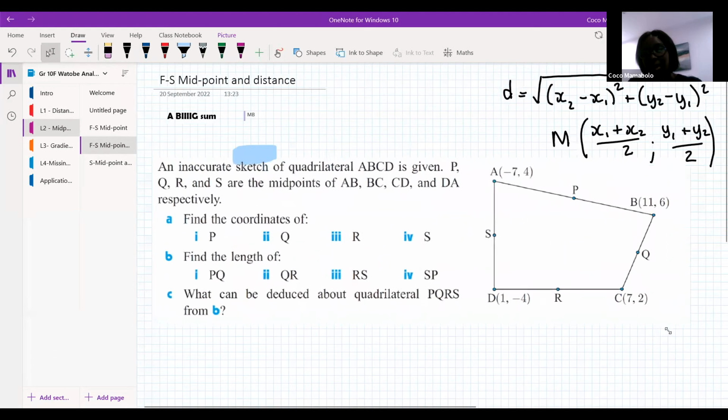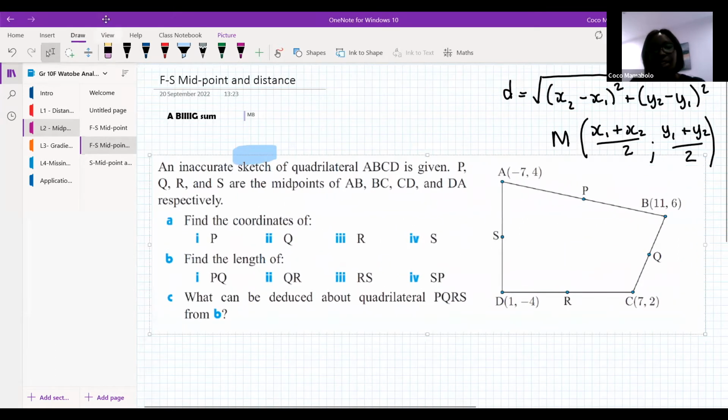So you guys, I'm going to make it a little bit bigger so that you guys can see it. Yeah, so we're looking for the midpoints of AB, BC, CD, and DA. Now it says, find the coordinates of P, Q, R, and S.